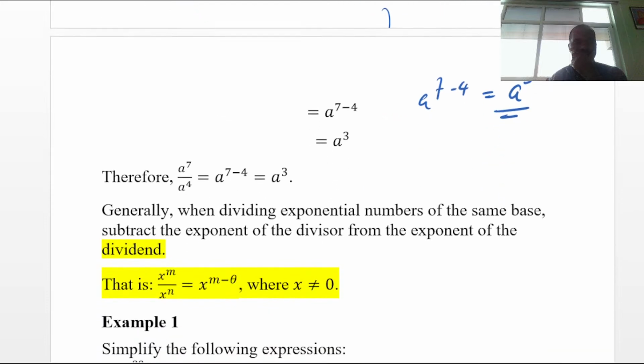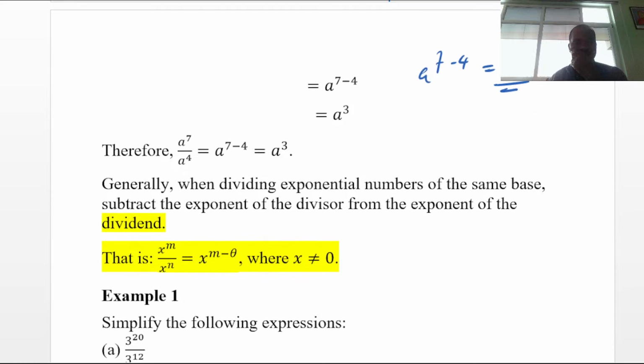So, dear students, generally, when dividing exponential numbers of the same base, understand that the most important part here is the same base. So when dividing exponential numbers of the same base, you simply subtract the exponent of the divisor from the exponent of the dividend.